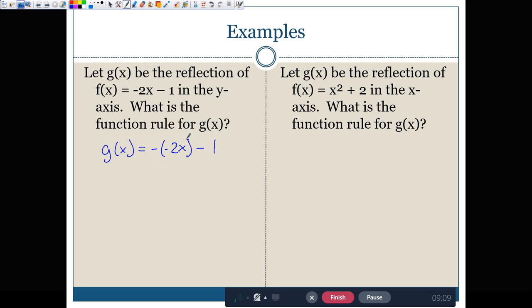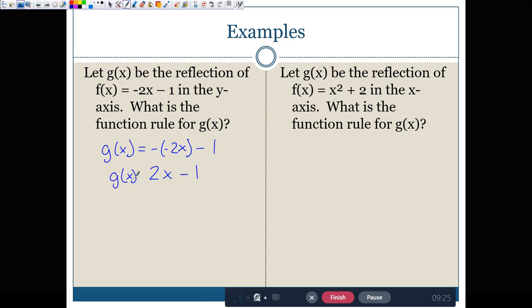So it will go on the outside of my x value here. So this is going to end up being a positive 2x. But I'm still going to have -1 because my y-intercept doesn't change. So it's still going to cross my y-axis at -1.